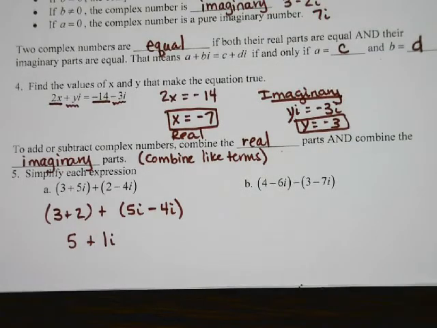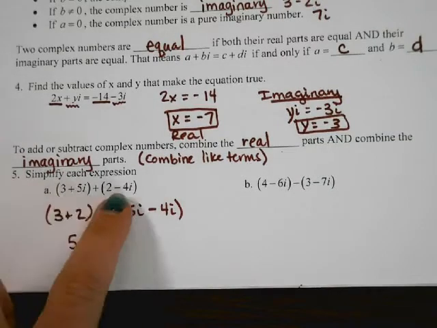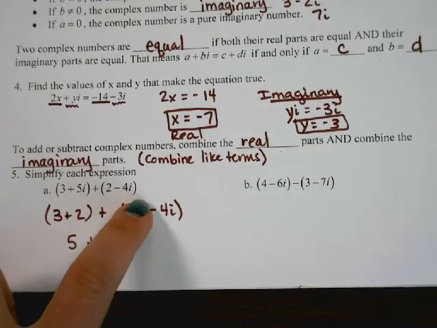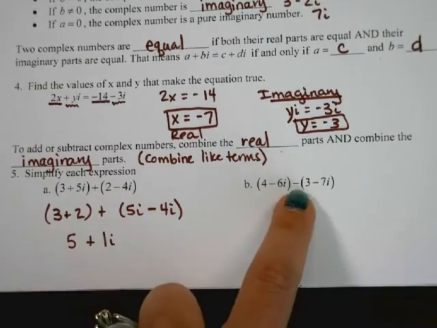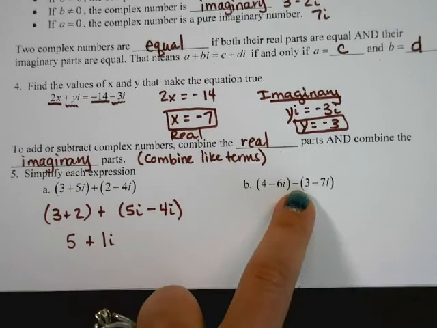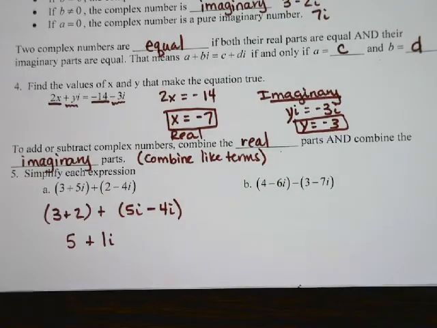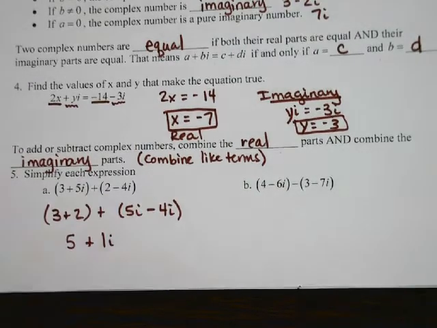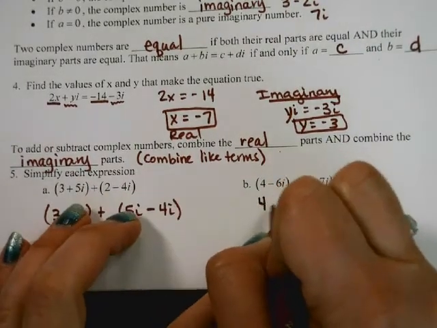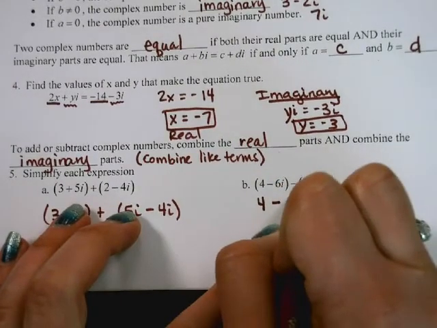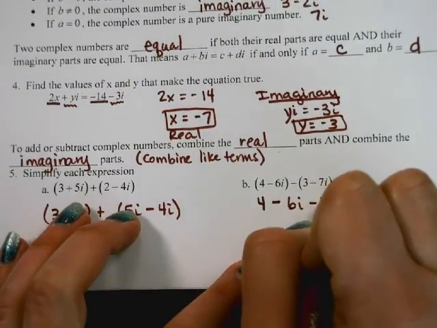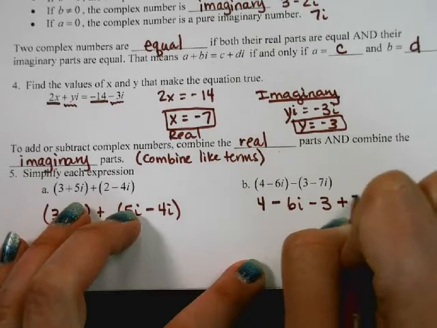You can drop the parentheses if you want, so we could have done just 3 plus 2 and 5 minus 4i. That's okay. But be careful when you subtract. Just like when we were subtracting polynomials, you have to distribute the negative because you're subtracting a 3 and a negative 7i. So this guy is 4 minus 6i minus 3 plus 7i.